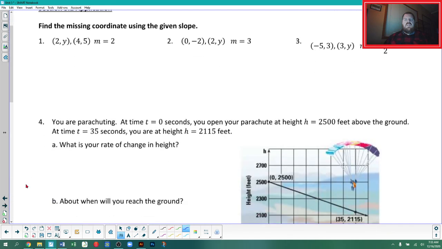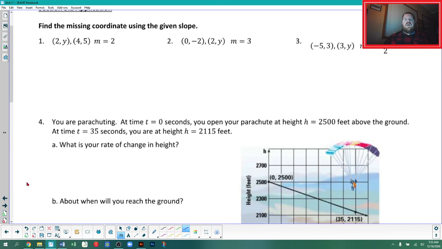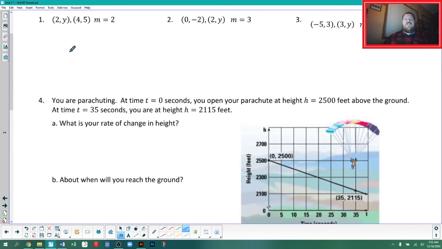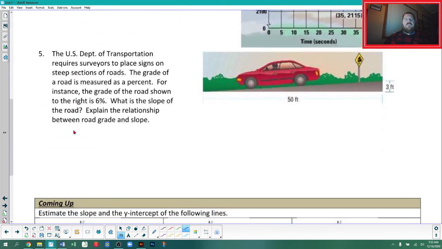And then for application problems, these get a little bit trickier because there's some solving equations. I'm going to say that you should do number 1 to get a feel for that, and 4 and 5.